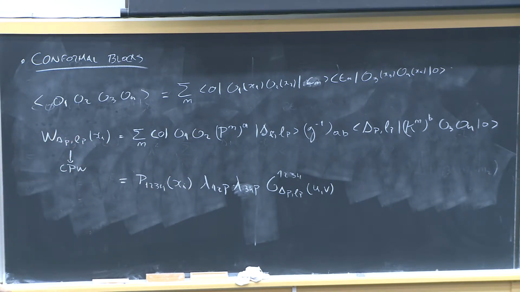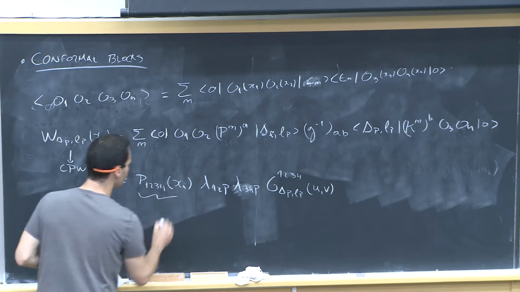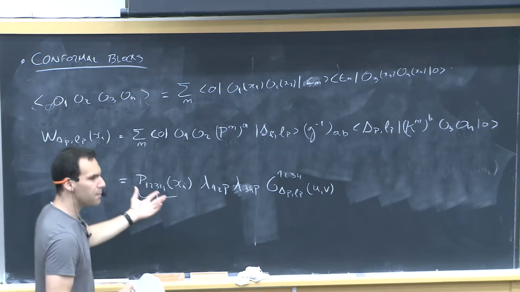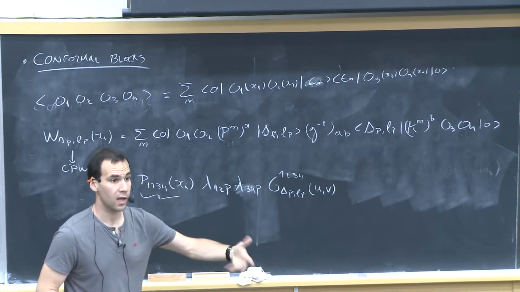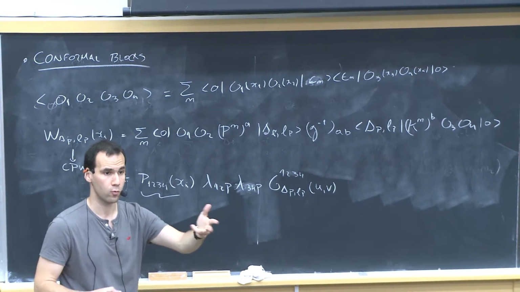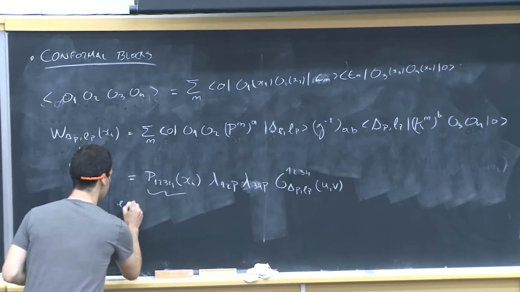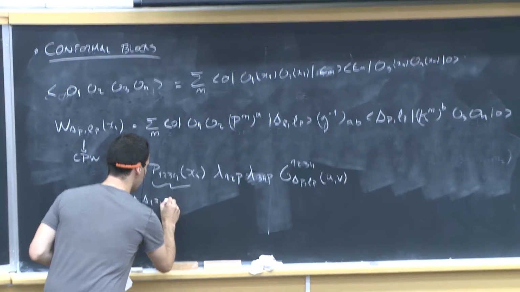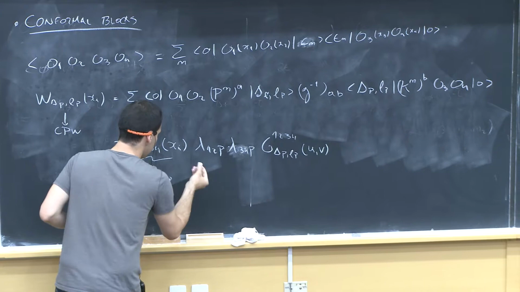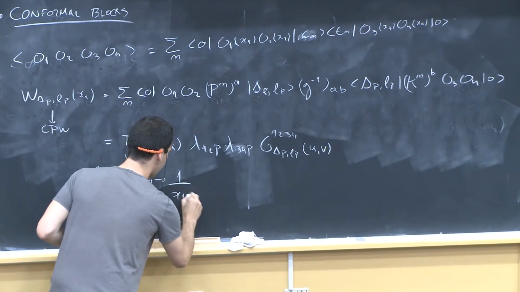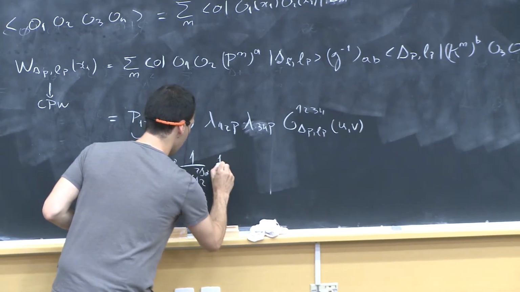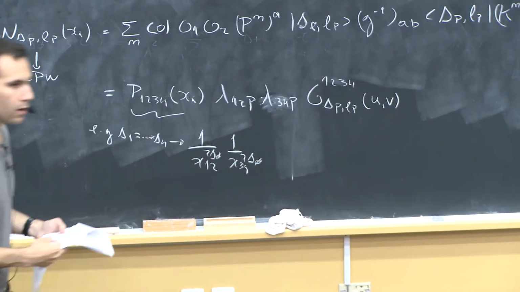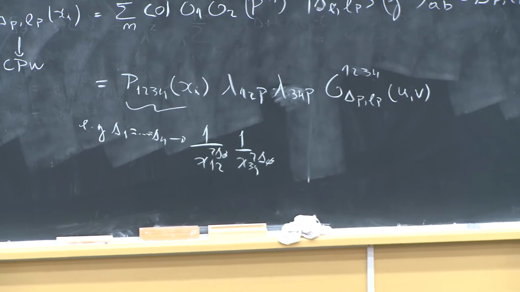Sometimes it's useful to consider this thing. Well, it's the kinematical prefactor that carries the conformal dimensions of O1, O2, O3, O4. So for instance, if delta 1 is equal to delta 2, delta 3 equal to delta 4, then this could be 1 over x12 to delta phi, 1 over x34 to delta phi, like we did for the 4-point function at the beginning.